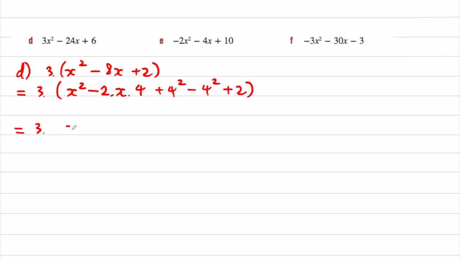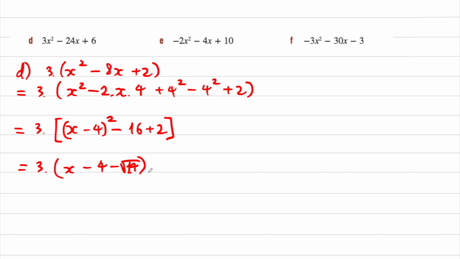Now x minus 4 is the perfect square, and minus 16 plus 2 outside gives minus 14. So the factors are x minus 4 minus square root 14 multiplied by x minus 4 plus square root 14.